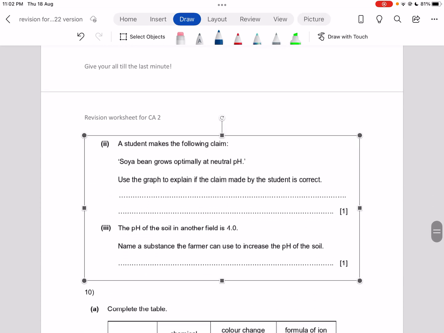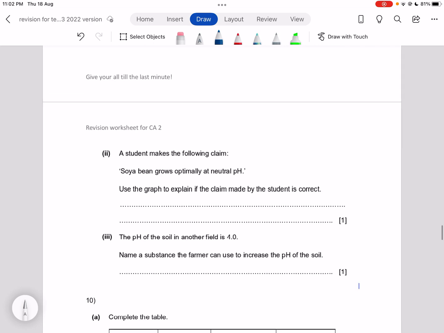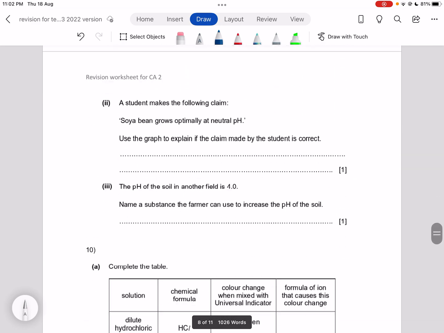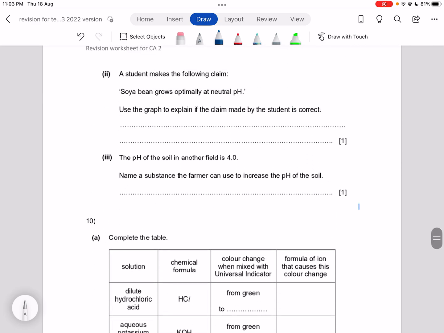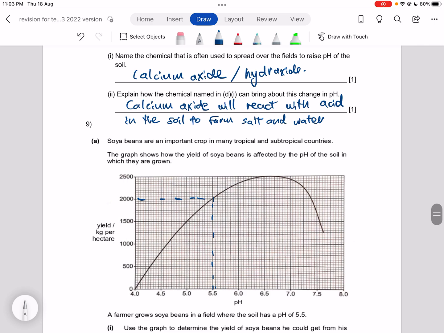So a student makes the following claim. Soya bean grows optimally at neutral pH. Use the graph to explain if the claim made by the student is correct. Soya bean grows optimally at neutral. Okay, it grows best at around, I would say, let me see, somewhere here. Around 6.6, I think.